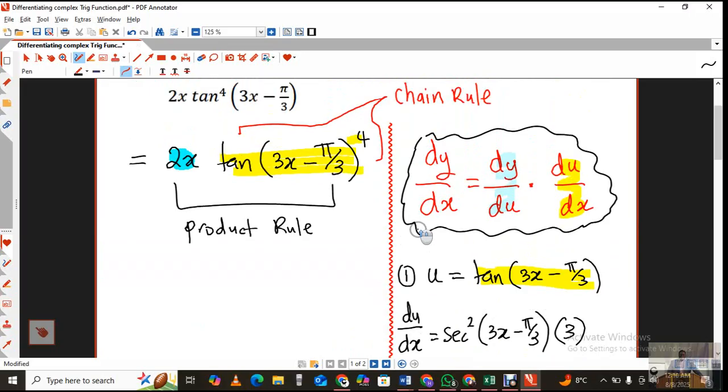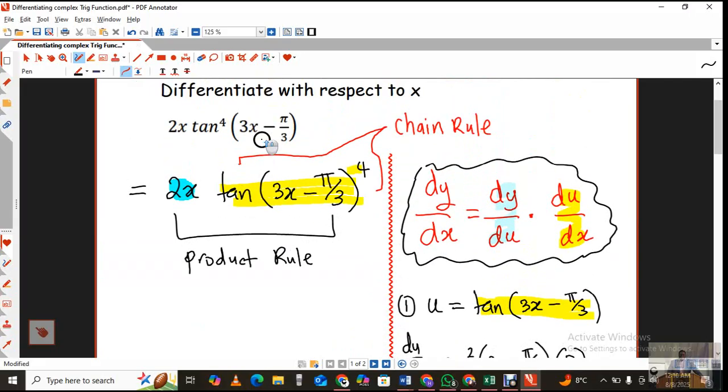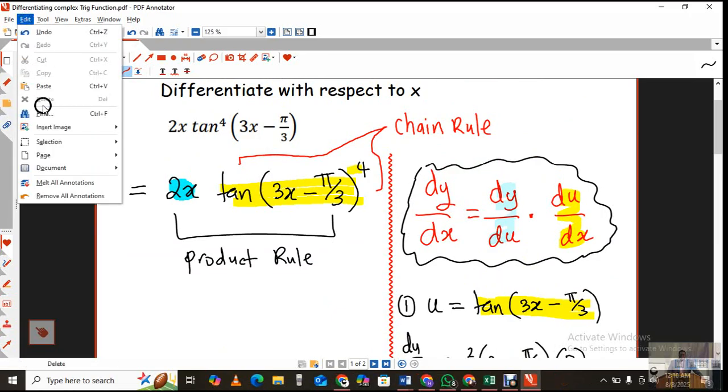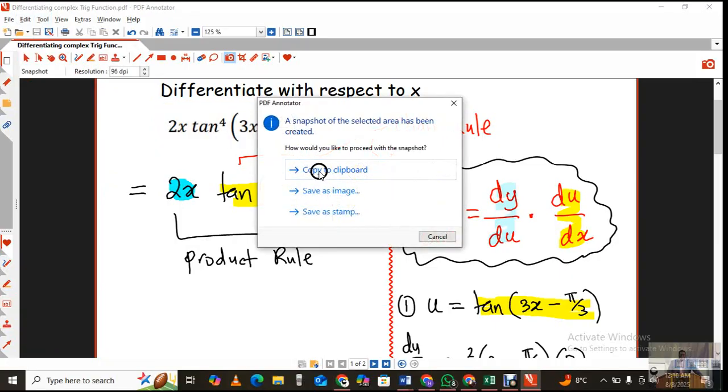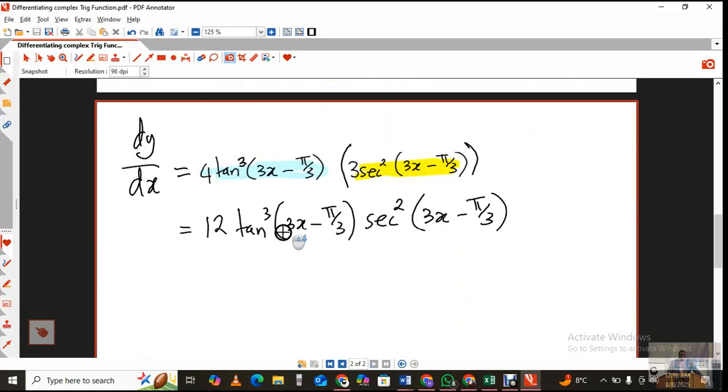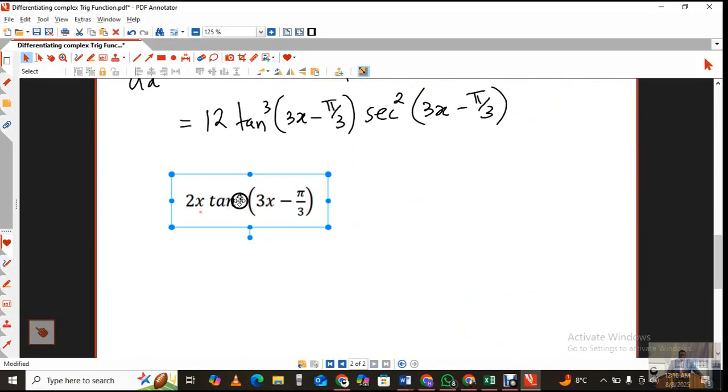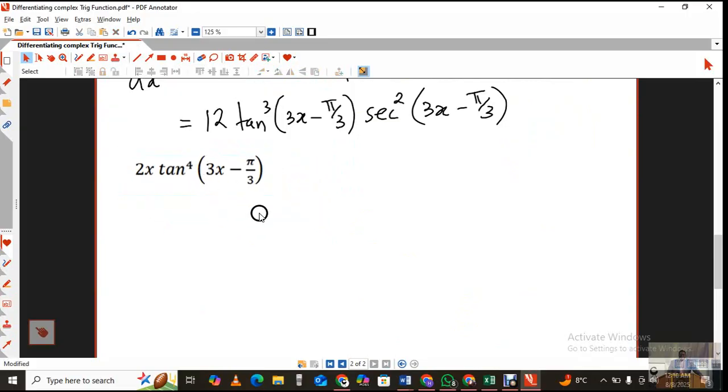So let's go and grab our original function. Now I'll be ready to apply the product rule. So what does the product rule say?